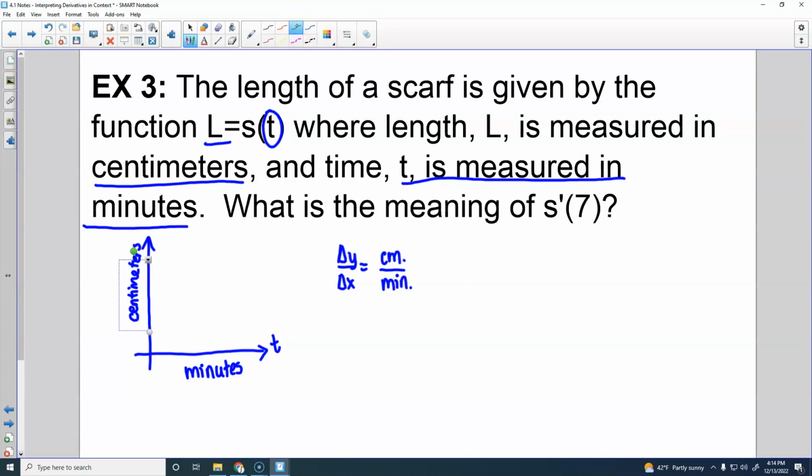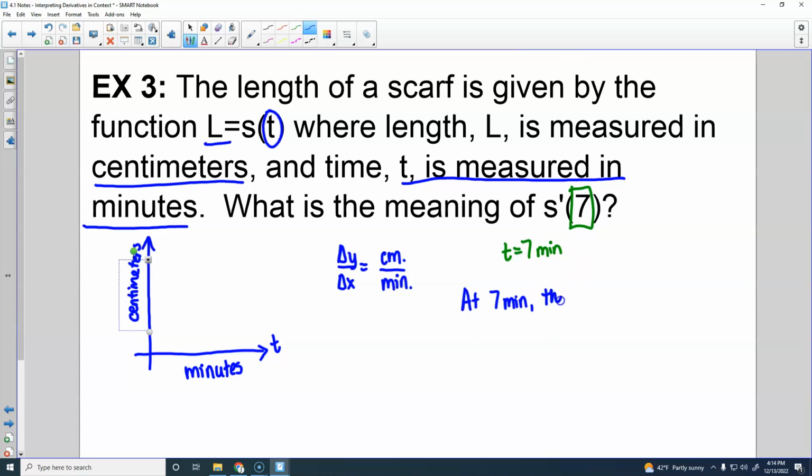The other problems just had a variable there. They didn't have a number plugged in here. But since we have a 7 here, that tells me t is 7. t stands for time, so that's 7 minutes there. So we would say at 7 minutes, and then we're talking about the derivative, which is our rate of change of L. L is our length.